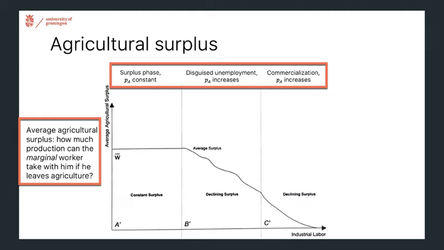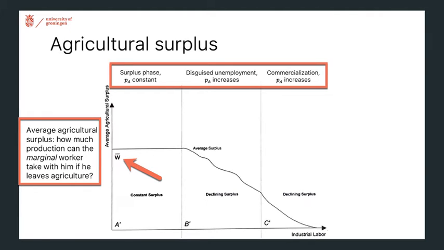Because initially, at the very beginning, when this worker was still in agriculture, they were producing W bar. So this same W bar this worker can take with them to the city. Yeah? So this is a way of thinking about how much food is available to feed workers that move into industry.